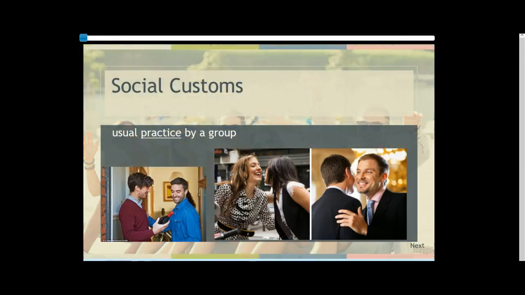And then next you'll have social customs, and this is the usual practice by a group. So this is like our social customs. I guess now fist bumps, kind of like our handshakes or a high five. Those are some of our social customs.